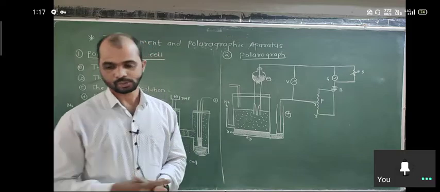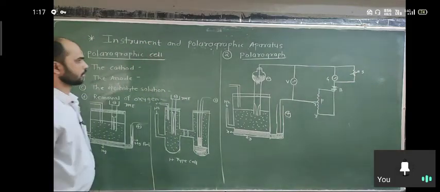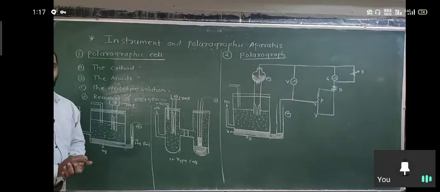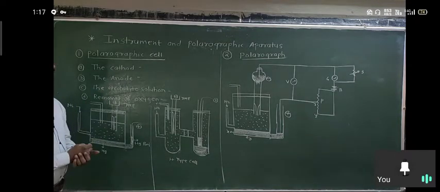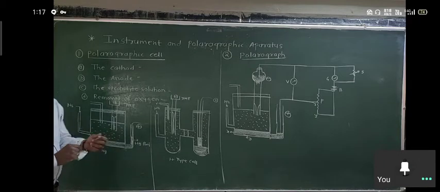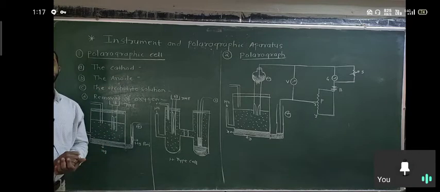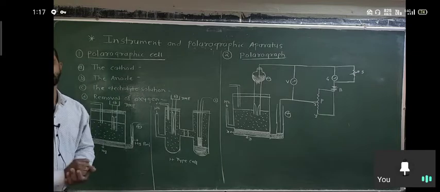In instrumentation, the first component of the apparatus is the polarographic cell. The polarographic cell consists of important parts.